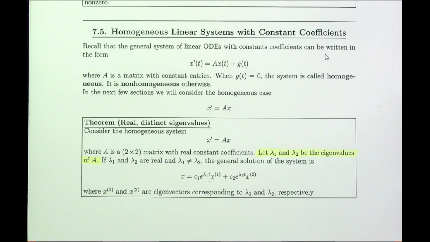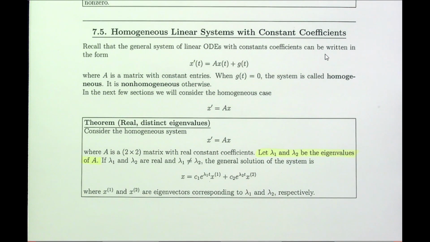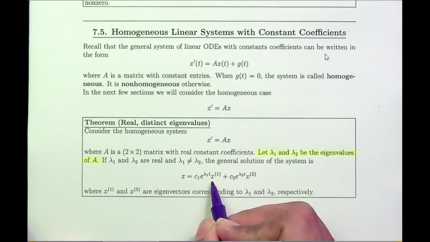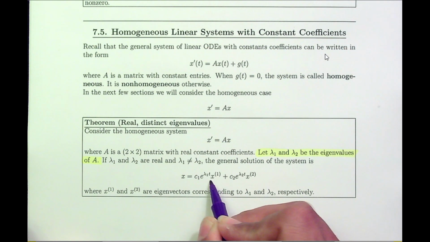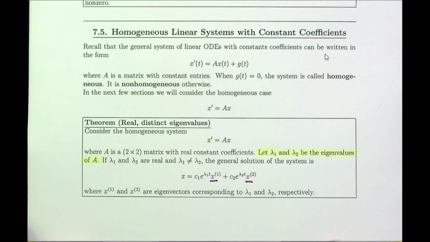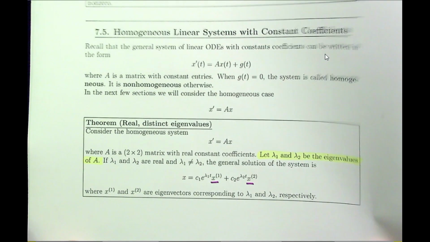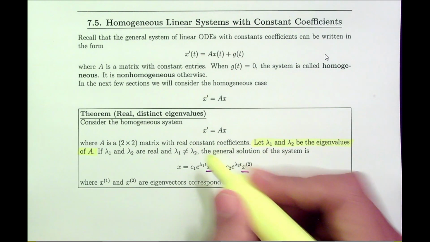Okay, so here's the real and distinct eigenvalues or roots. Suppose you found those eigenvalues, then you're going to find the corresponding eigenvectors. The corresponding eigenvectors are x1, the eigenvector for lambda 1, and x2, the eigenvector for lambda 2. Then the general solution, we can immediately write down.